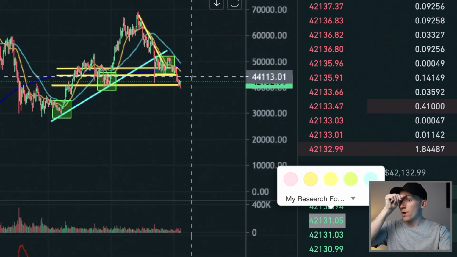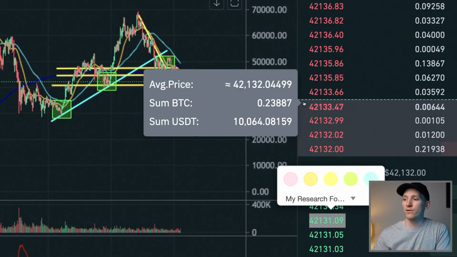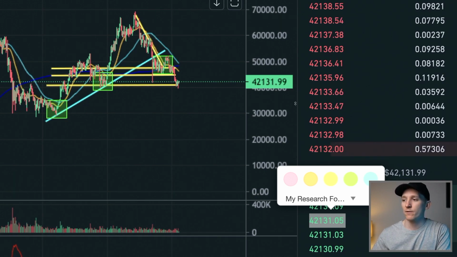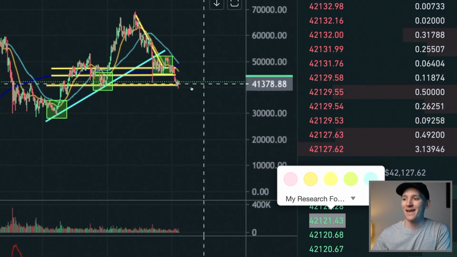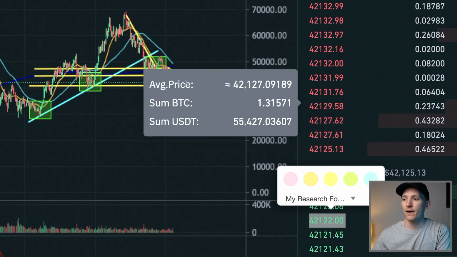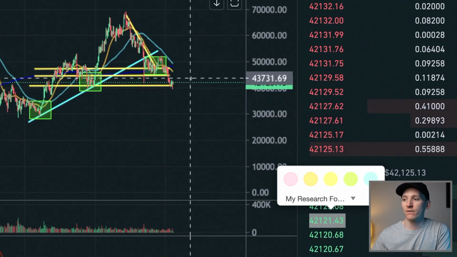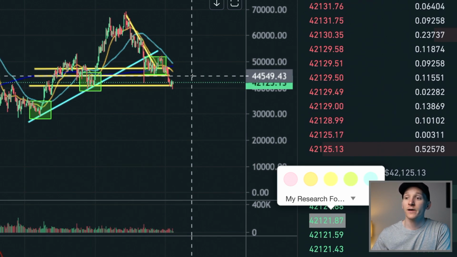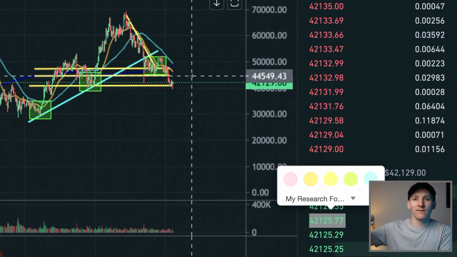Let's say a 7% move overall, which is obviously a lot, but it happens, Bitcoin is volatile. A 7% move on 42,000 would be roughly 44,100, right? So if we look again at the price and come down to this, 44,700, or let's just call it 44,500, just happens to be at that second level.